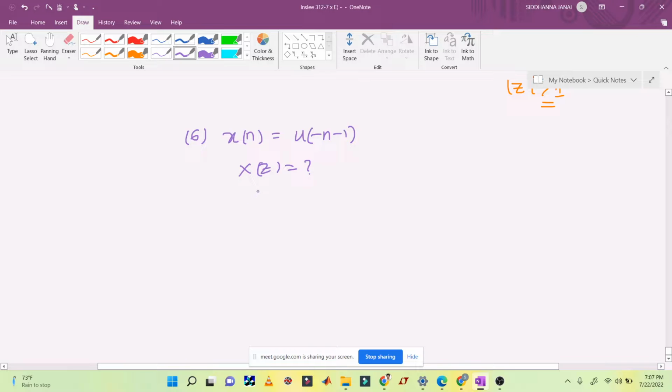Now we already know that x of z is equal to summation n is equal to minus infinity to plus infinity x of n z power minus n. We know that u of n is equal to 1 for n greater than or equal to 0.